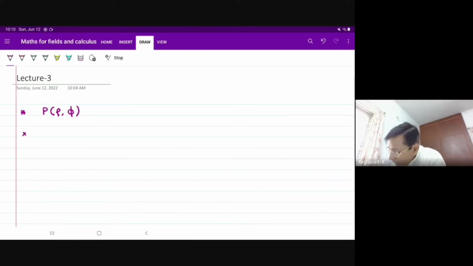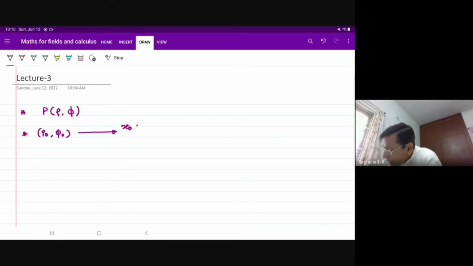Given rho naught, phi naught as the coordinates of a particular point, we saw that the x coordinate x naught of it is rho naught cos phi naught.